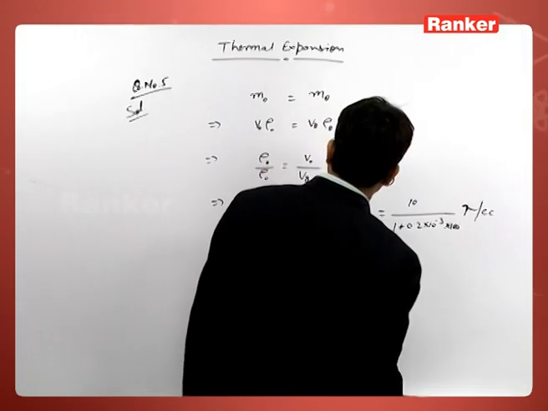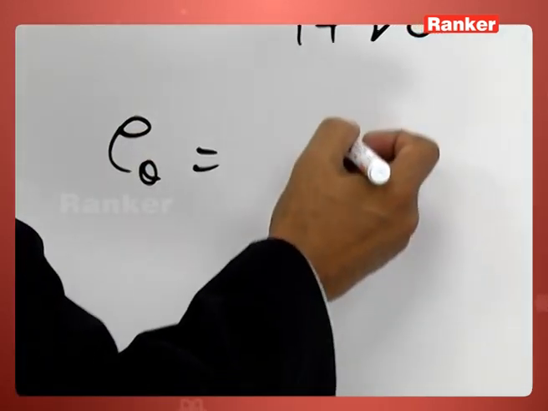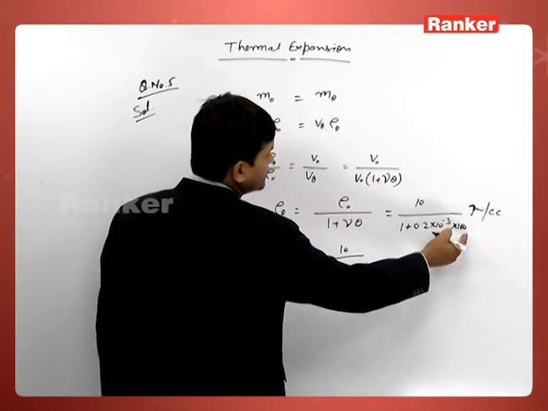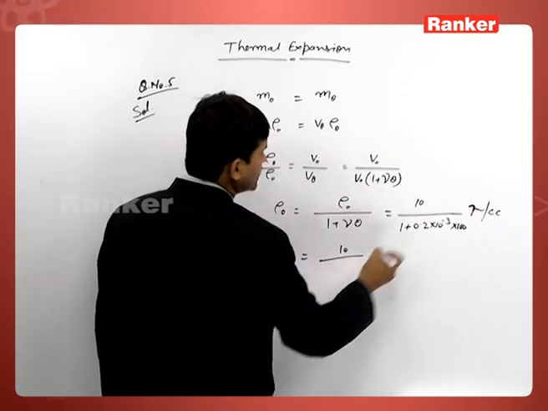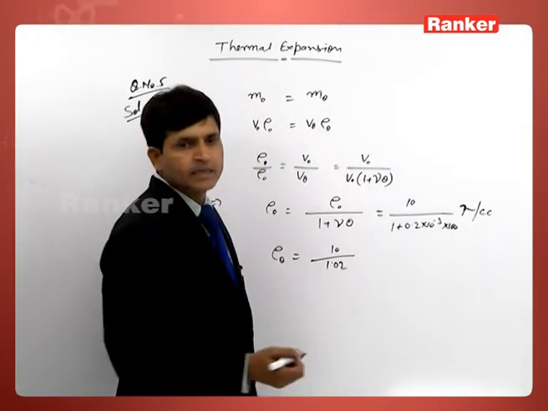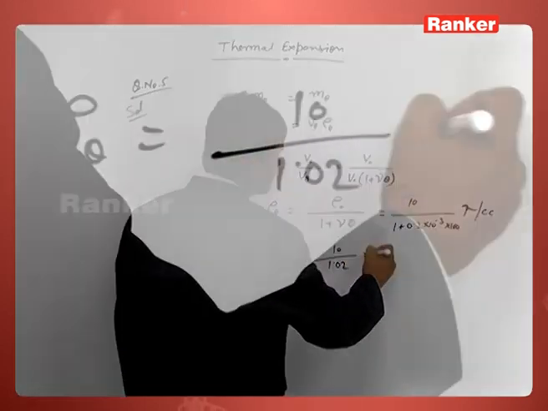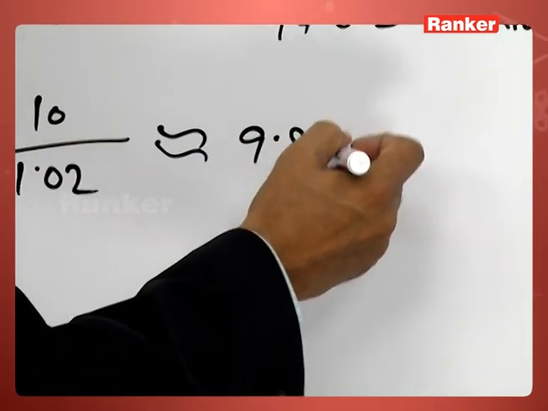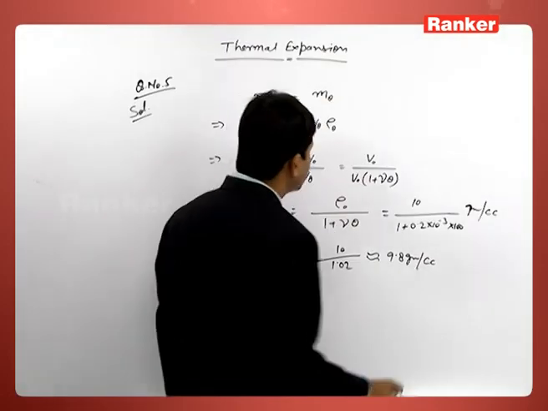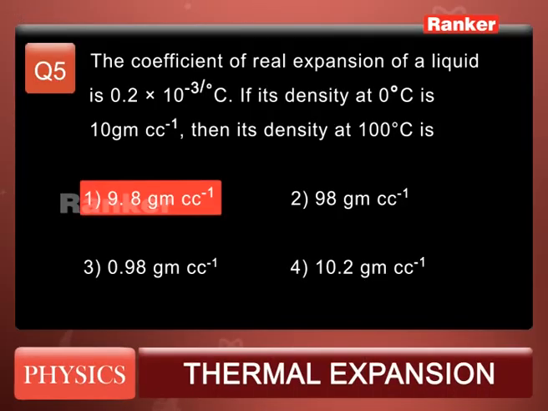Density at theta is 10 by 1.02, which will approximately come to 9.8 gram per cubic centimeter. So our correct option is option number 1. Hence option number 1 is the correct option.